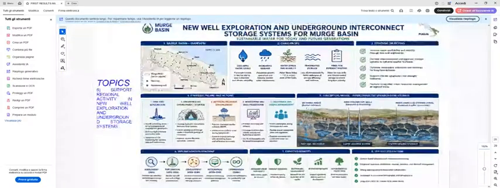So how do we connect? We connect in three ways at the same time. The first is planning new exploration wells.